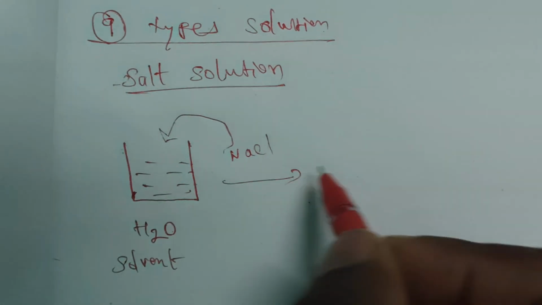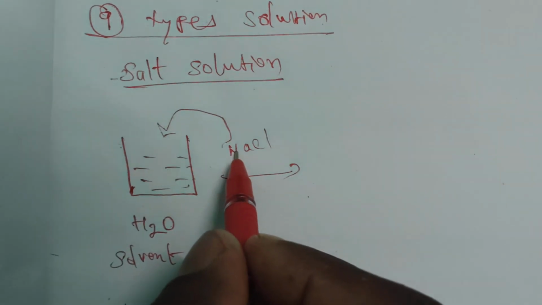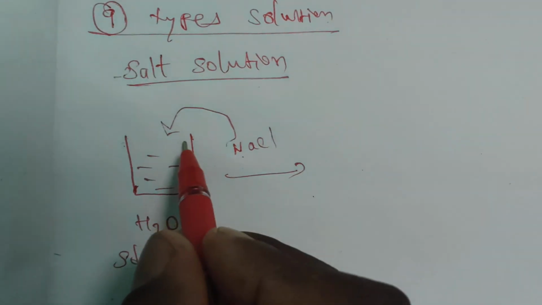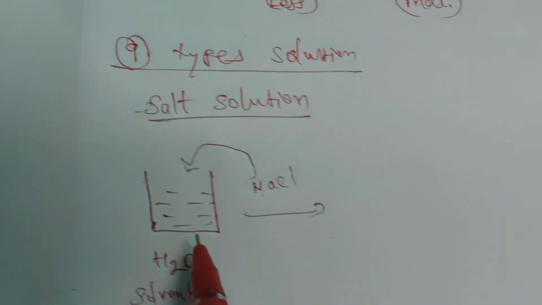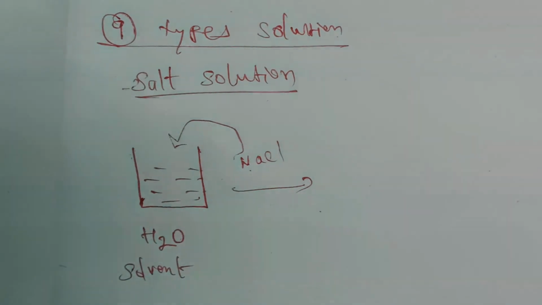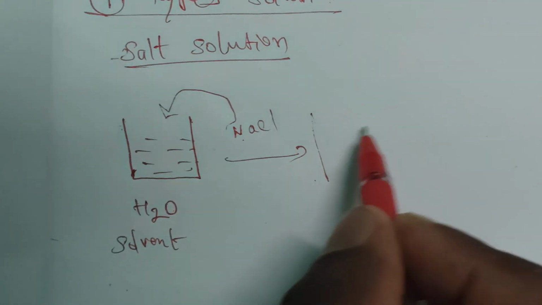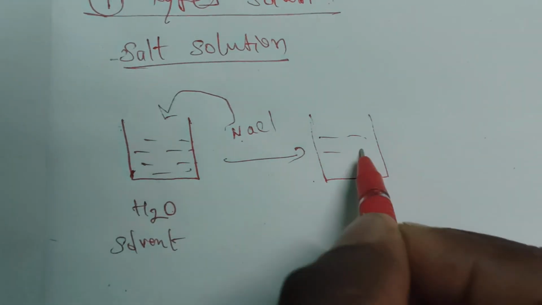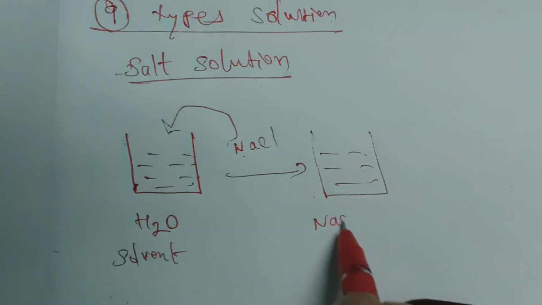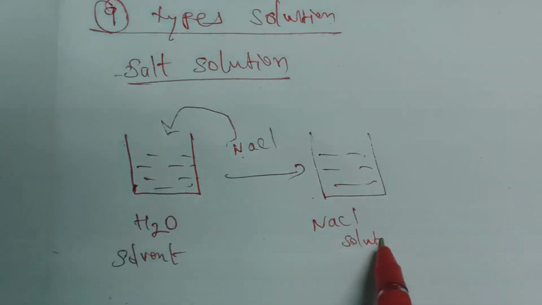So now the sodium chloride, first we add a pinch, and it is completely dissolved. We get the solution of sodium chloride, that is a NaCl solution.